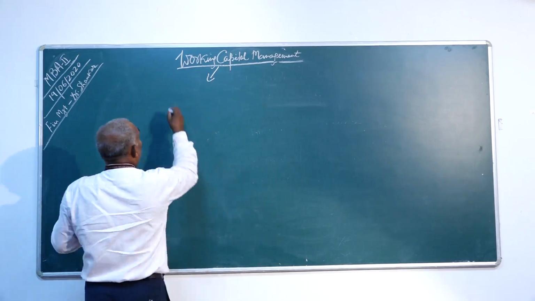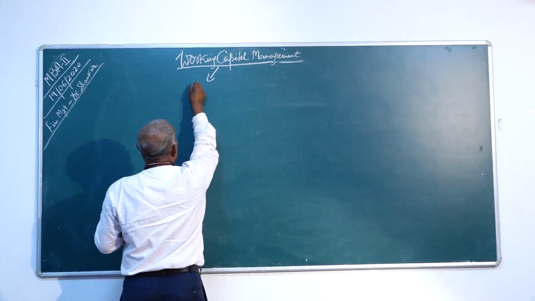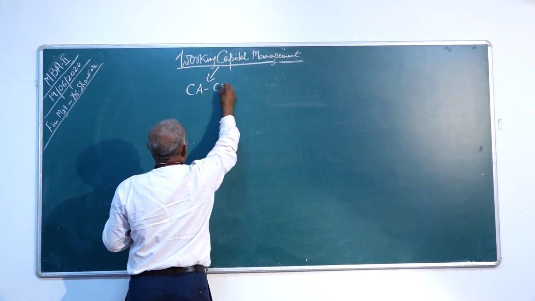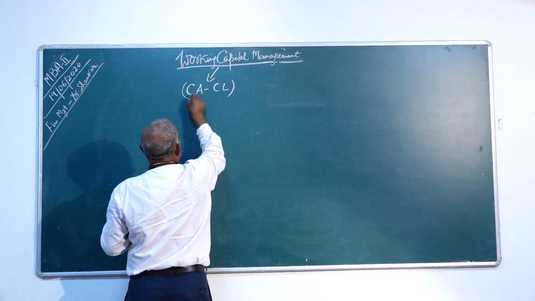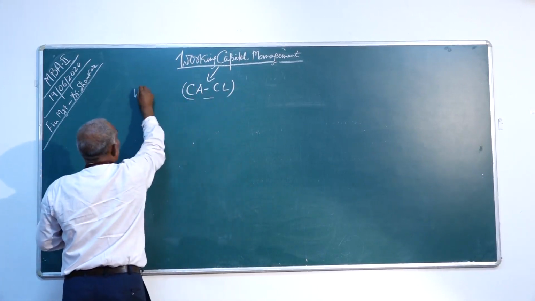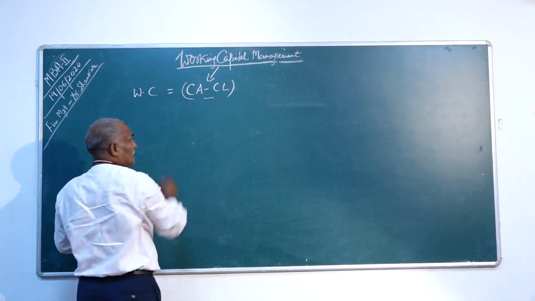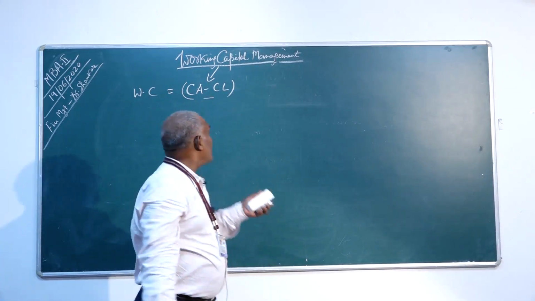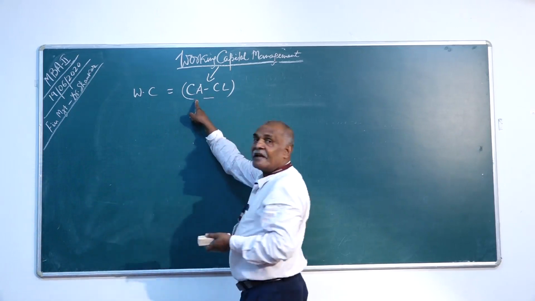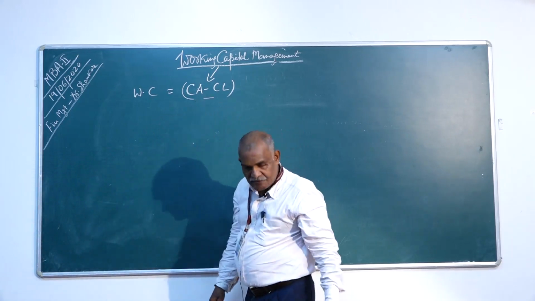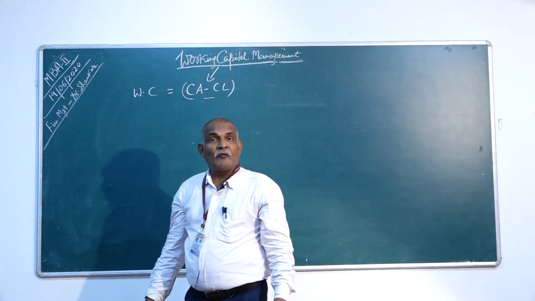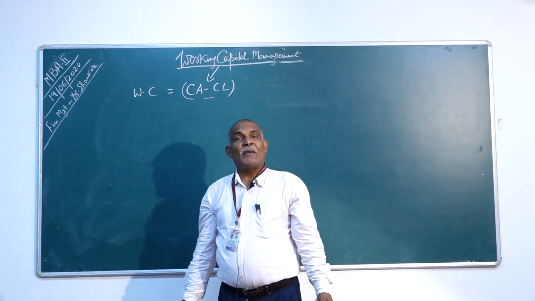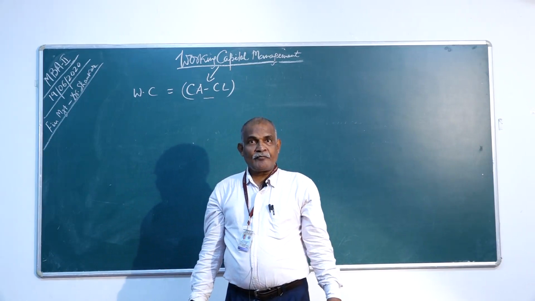So, working capital is the excess of current assets, which we write as CA, over current liabilities, CL. This is your WC, that is working capital.